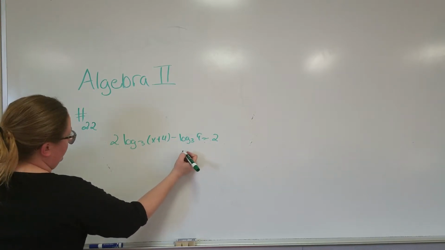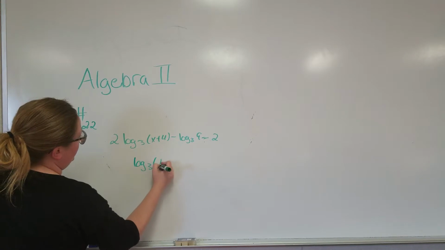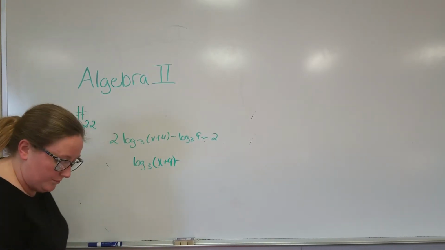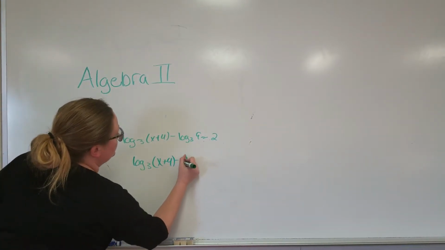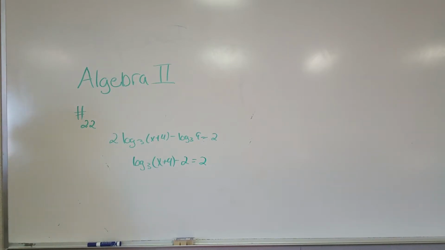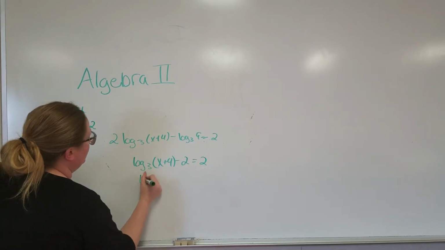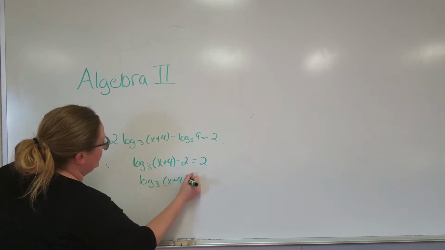So we're still going to have this log base 3 of x plus 4, but then here we're just going to have a minus 2 because 3 to the power of 2 equals 9. So it just cancels that one out real quick. Then we're going to move the 2 to the other side and it adds. So it's going to say log base 3 of x plus 4 equals 4.